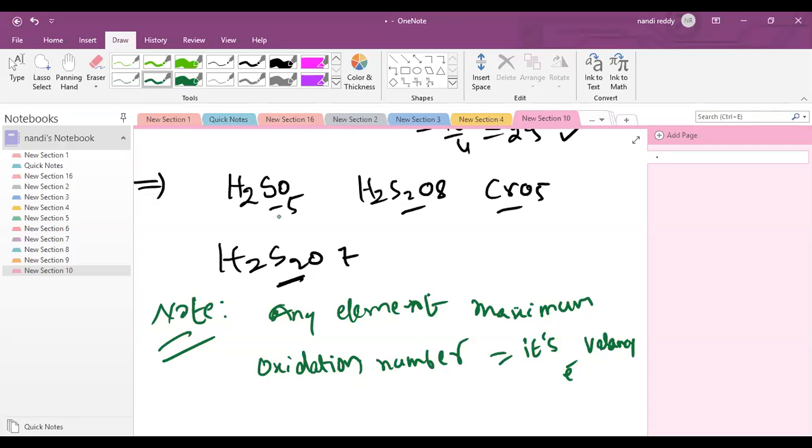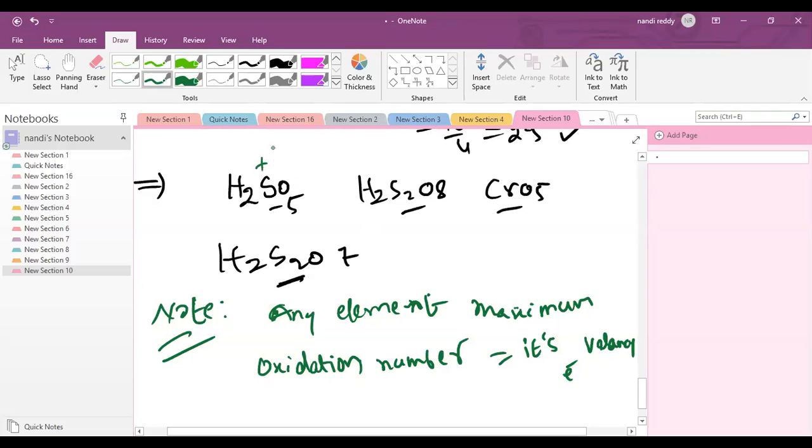Did you do it? These are the same examples you will get in the examination. You don't need to draw anything. If you are able to remember the answers directly, fine. Otherwise, you can draw and practice.